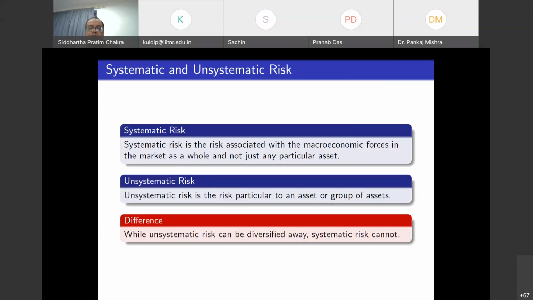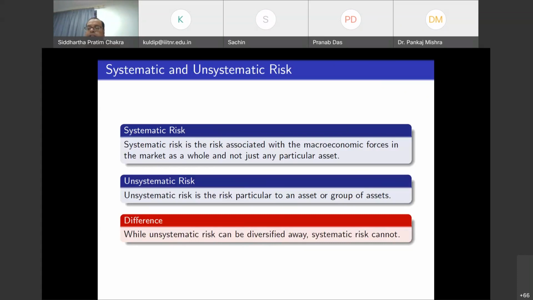And the difference is that unsystematic risk can be diversified away. If you don't restrict yourself to only 2 or 3 assets, but invest in a large number of assets, then you can reduce the unsystematic risk. But systematic risk you cannot get rid of.